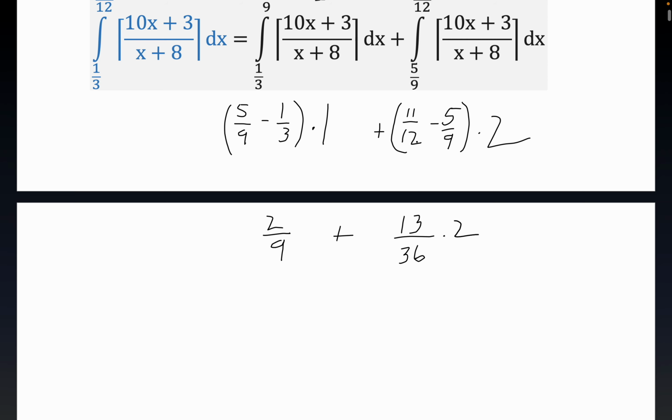Again, let me double check here. So 3 times 12 is 36. That means there's a 33 in this numerator. 4 times 9 is 36. That means there's a 20. So 33 minus 20 is 13. And so this would be 2/9 plus, what is this, 13/18?